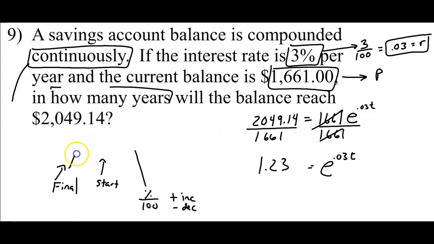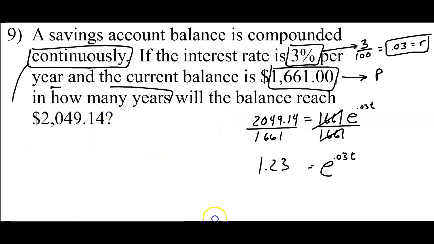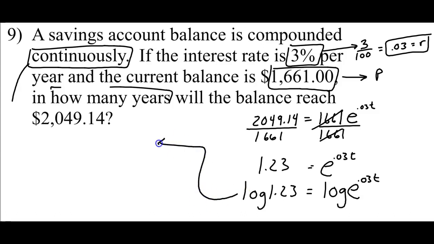Now what do we do? We're going to log both sides. So at this point, you guys are seeing there's nothing different from what we learned the rest of the day here, right? So really the only part that's different is setting up the equation yourself. After you've got the equation set up, we're just going to follow the steps that we learned today.